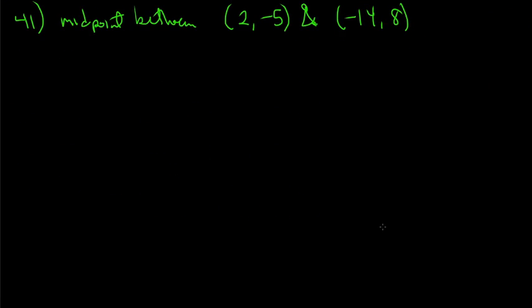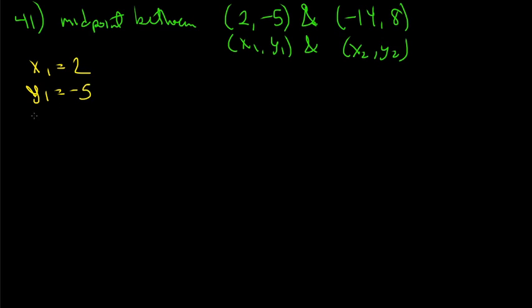Okay, so again, we're just given 2 points, x1, y1, and x2, y2. So let's write those down. x1 is 2. y1 is -5. x2 is -14. And y2 is 8.